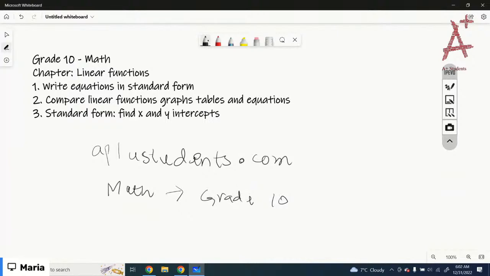So let's just start with the first lesson, that is write equations in standard form. So let me just write down the lesson name on the board, then we'll start.